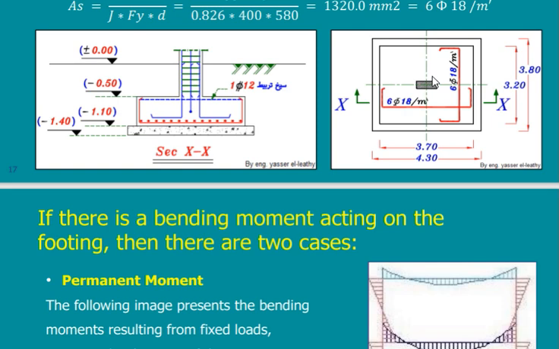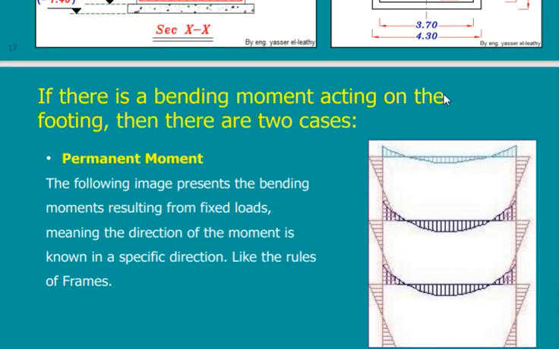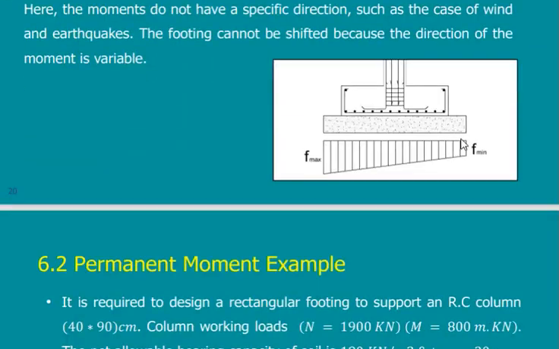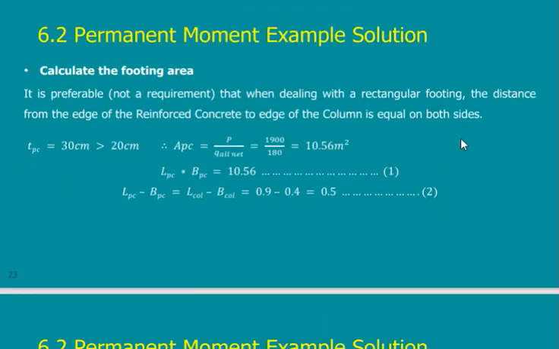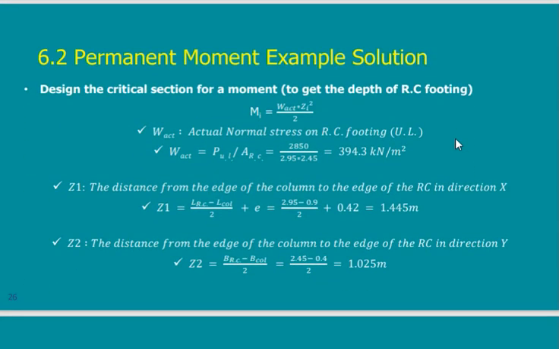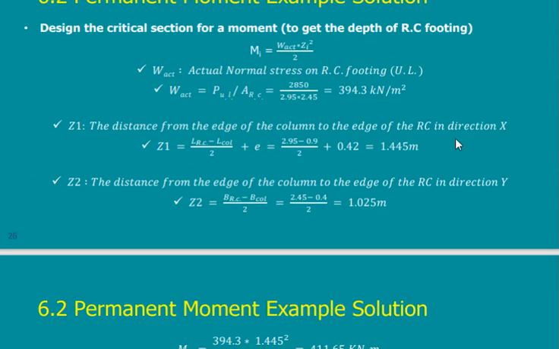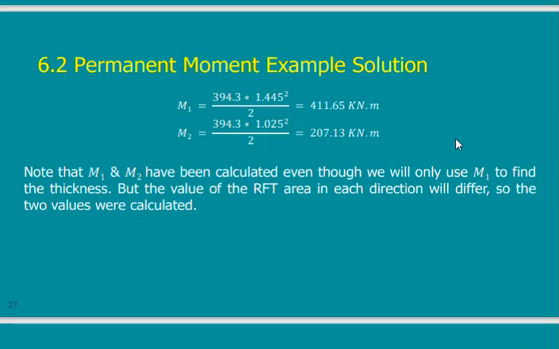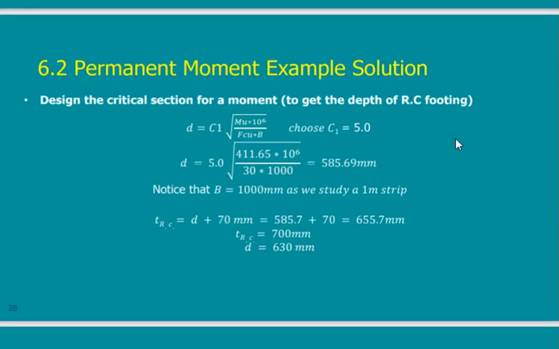That's all. So it is a very trivial example, and the difference is nothing. So up till this level, the amount of calculation is minimum, and we can still calculate a footing subjected to a moment very easily without any problem.